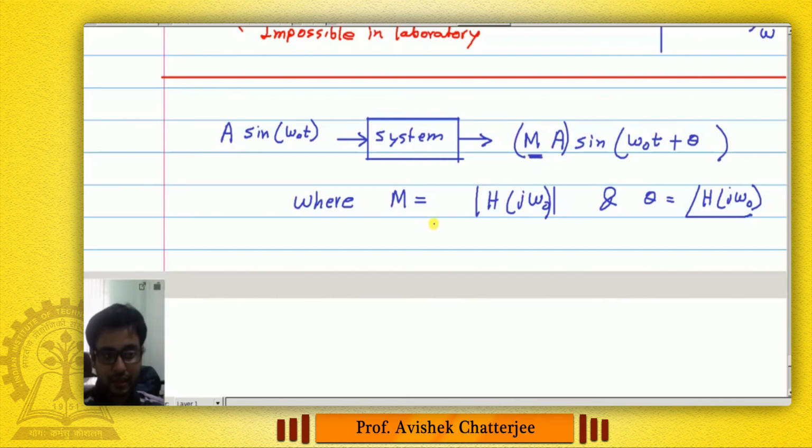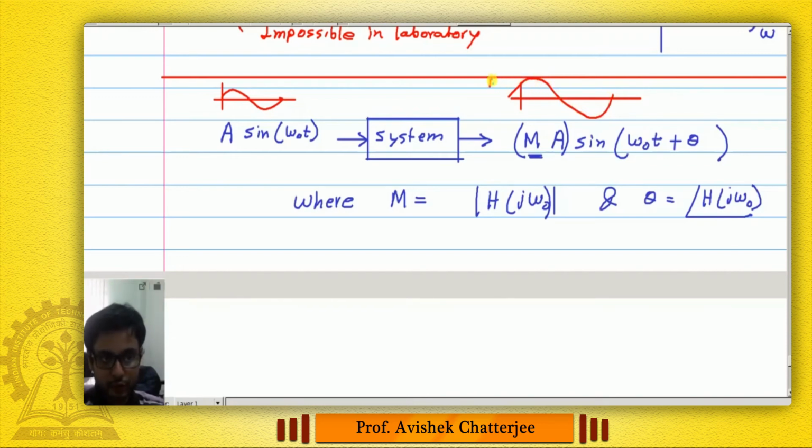Okay, so let me draw. Suppose this is your input sine omega naught t, then the output will be magnified by a factor of m and advanced by the phase theta. So that will be something like this. So it is magnified by a factor of m.